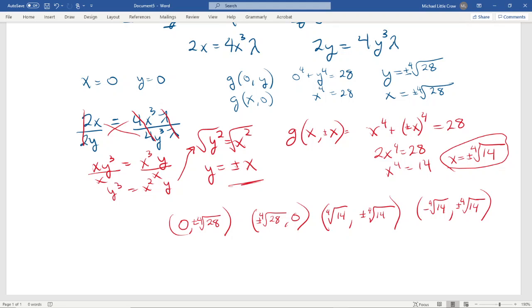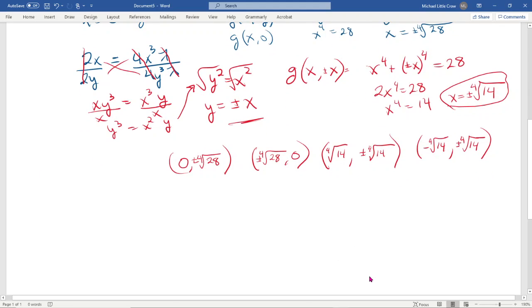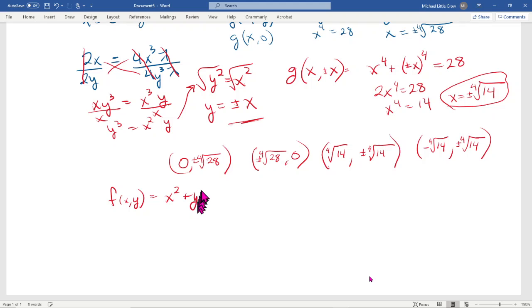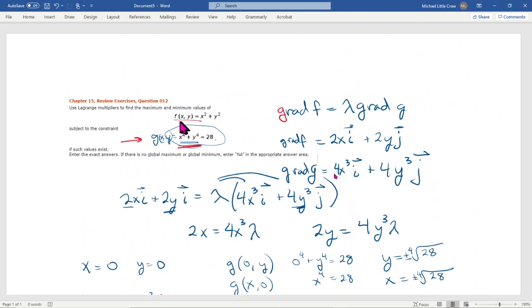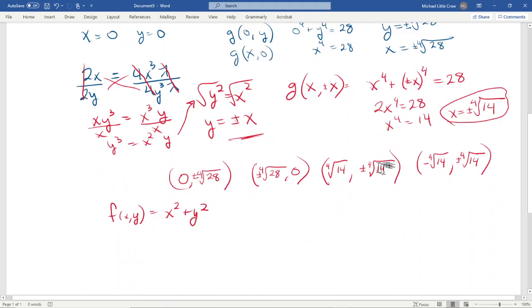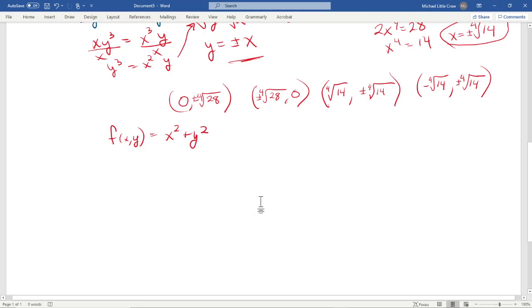However, what are we checking it in? We are now going to see which one gives us the maximum value of this function, which was just x squared plus y squared, right up here. We want to see which one gives us the maximum value, which one gives us the minimum value. So we just start plugging things in, and notice since they're going to be squared, the plus and minuses really don't matter so much.